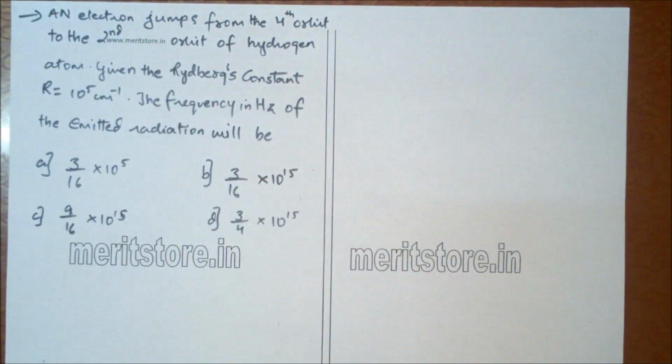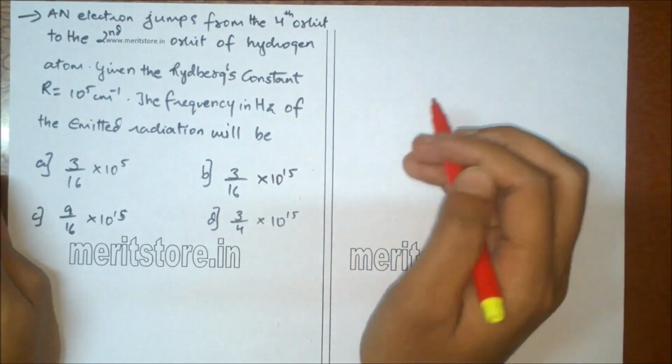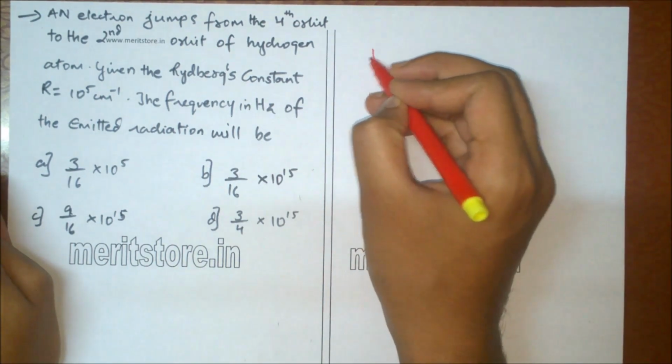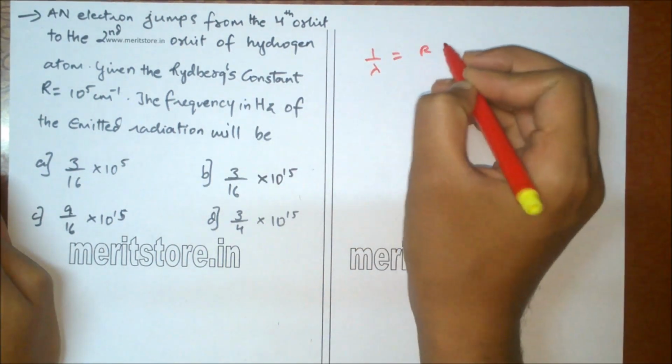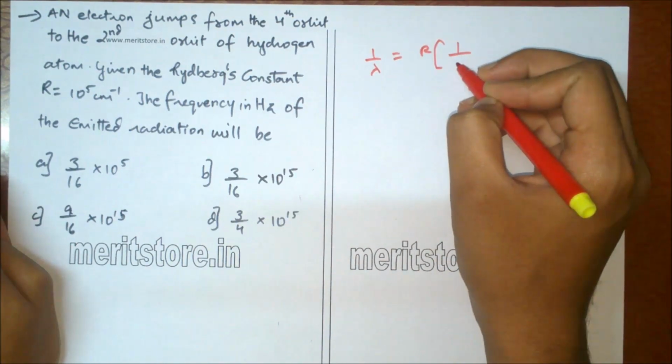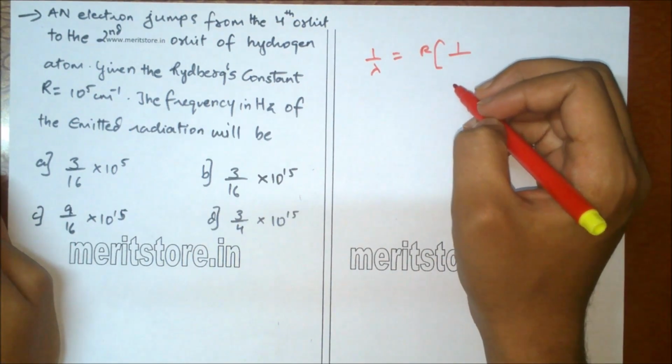An electron jumps from the fourth orbit to the second orbit of a hydrogen atom, given that Rydberg's constant R is equal to 10 raised to 5 per centimeter. The frequency in hertz of the emitted radiation will be. So we have to find the frequency. We know that 1 upon lambda is equal to R, that is Rydberg constant, into 1 upon n1 square minus 1 upon n2 square.